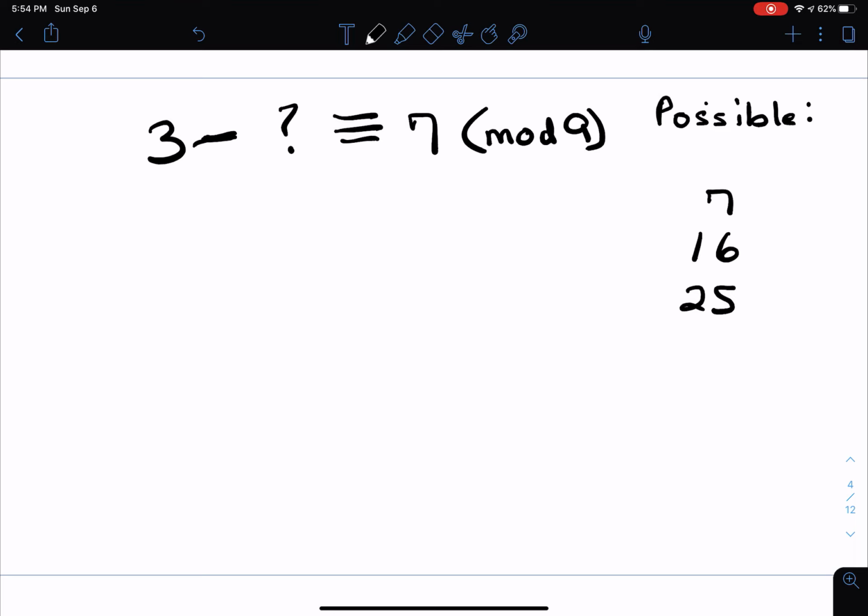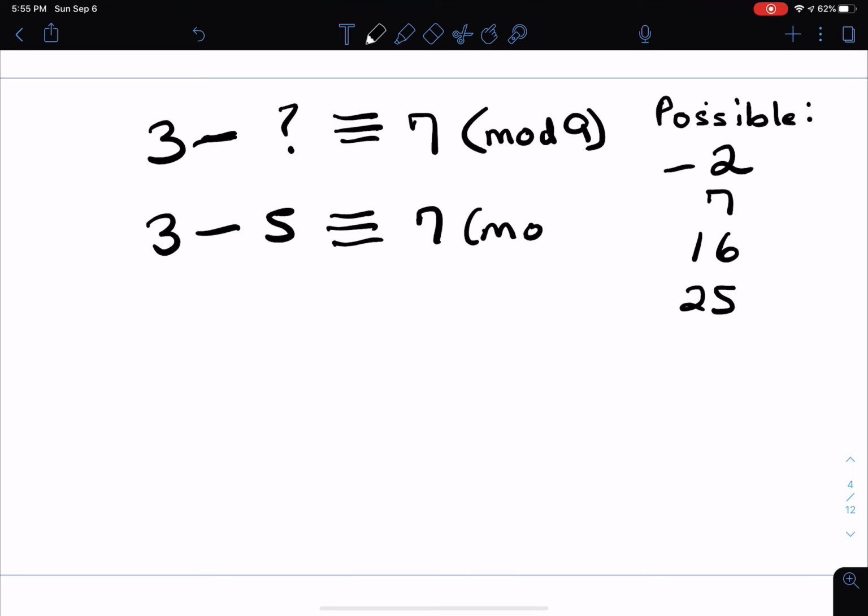If we went the other direction, 7 minus 9 would be -2. That might be our better direction, because then we can use 3 minus 5, which is congruent to 7 mod 9. Yeah, that'll work. So the question mark in this case is 5. Because -2 is congruent to 7 mod 9.